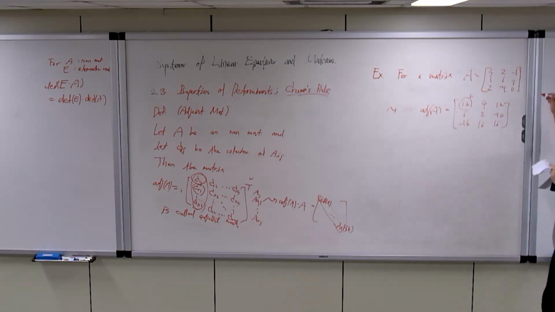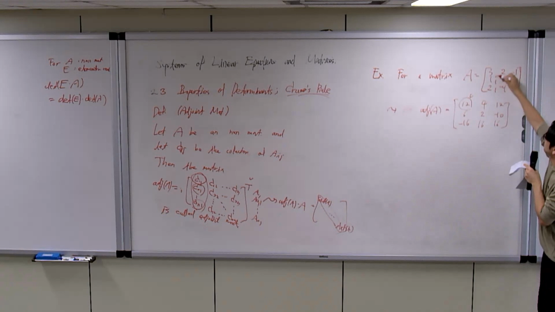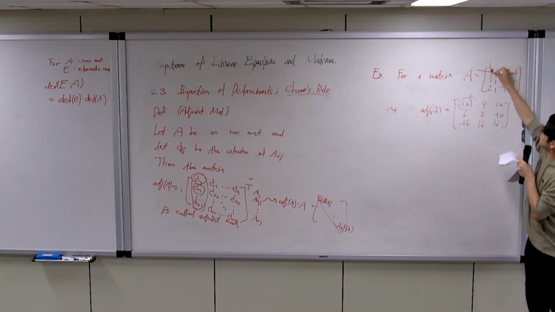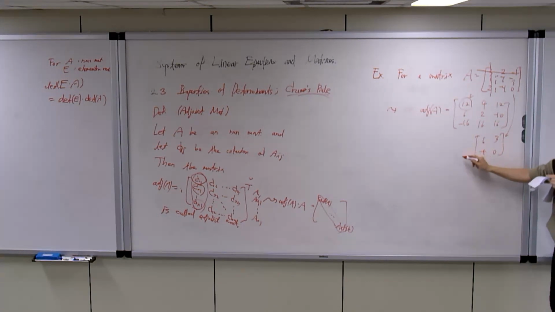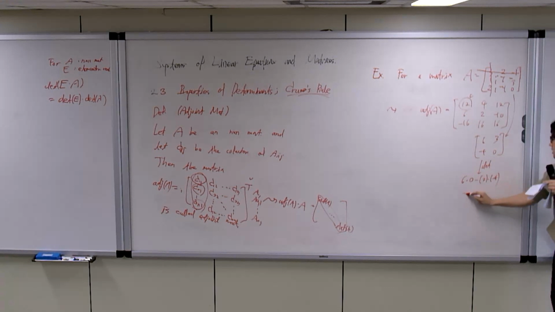It will be the minor removing the first row and first column, and the minor matrix is 6, 3, minus 4, 0. Then the determinant is 6 times 0 minus 3 times minus 4, and it's 12.